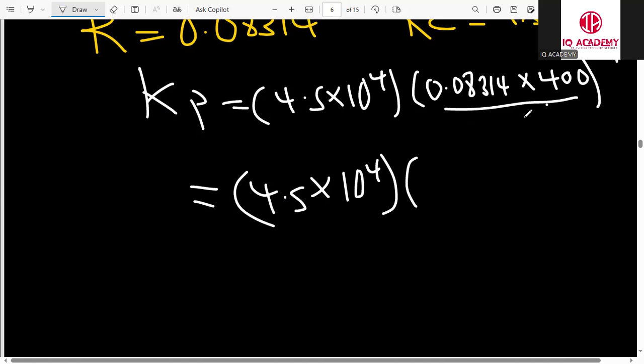When I multiply these on my calculator, I'm getting 33.256 to the power minus 2. So this is equal to, when you multiply this on your calculator, what are you going to get?